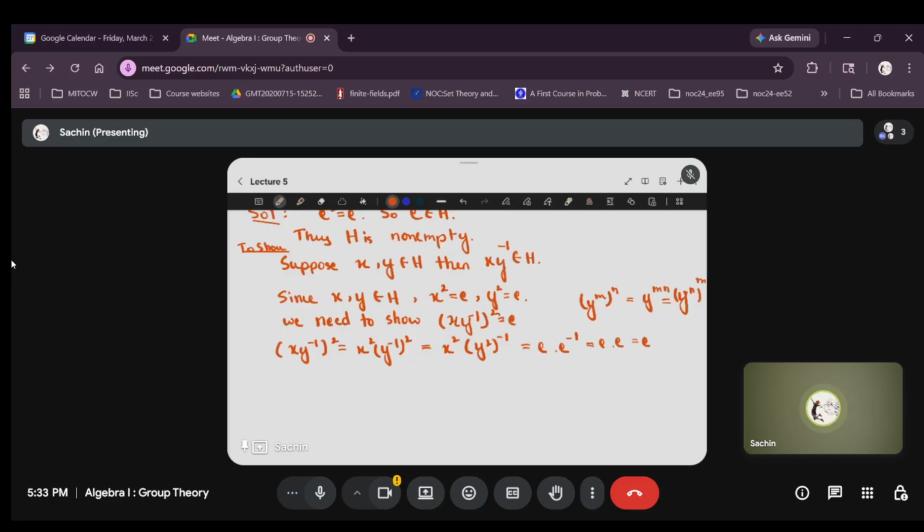Identity we showed because we wanted to show H is non-empty. But once you do that, you don't need to separately show that the group is closed and every element in H has an inverse in H.